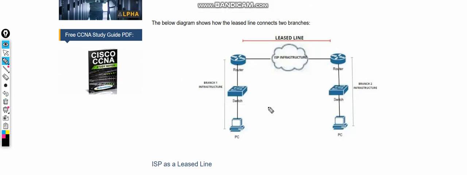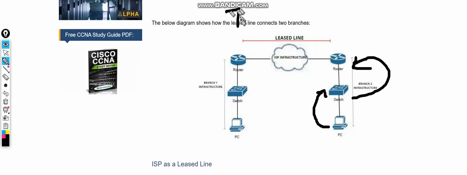See, this is branch 1 infrastructure. Similarly, we have a branch 2 infrastructure here. PC is connected to the switch. Switch in turn is connected to the router. Router is connected to the ISP infrastructure via leased line.